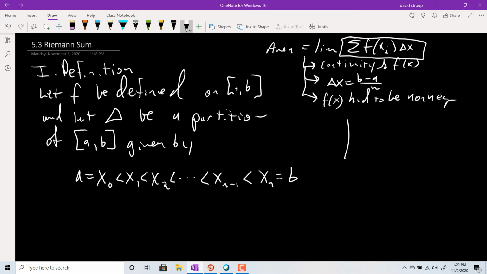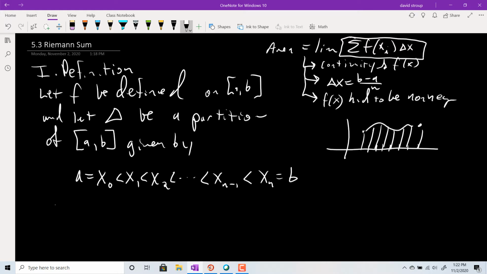Okay, before when we were working with area, the partition is just basically how we sectioned up this interval. And before we were doing it easily with these equidistant subintervals, b minus a over n. But now we're saying we can choose our endpoints pretty much any way we want.